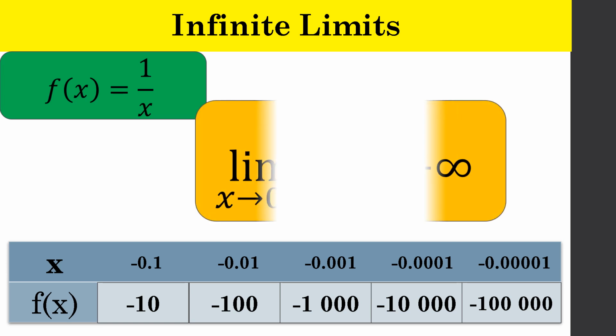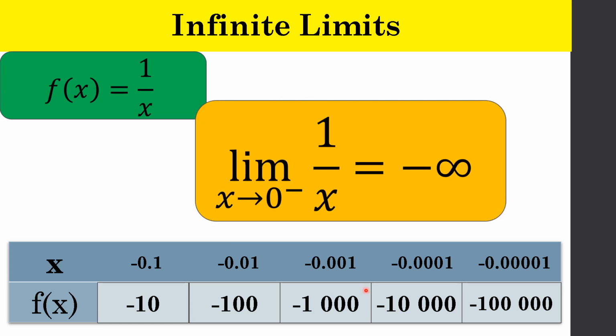Okay? So, we can conclude if x approaches 0 from the left, yung mga value ng f of x natin is approaching negative infinity. And that is, limit of 1 over x as x approaches 0 negative is equal to negative infinity.